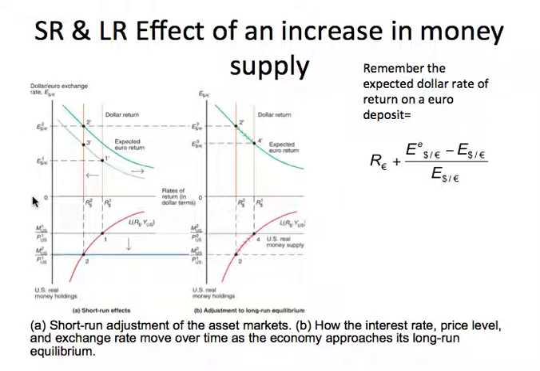So you'd expect the exchange rate to increase in the short run, but the increase that we observe, from E1 to E2, is actually an overshooting of the exchange rate. So why do we call that an overshooting?